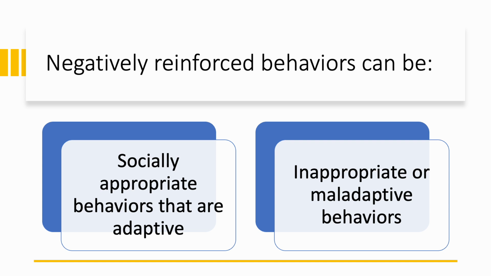And so if we were working with that client, we could teach them an appropriate replacement behavior that is adaptive and that would serve the same function of negative reinforcement. In this particular case, you could teach the person to walk away. Walking away could be a behavior that would help them avoid that aversive stimulus.